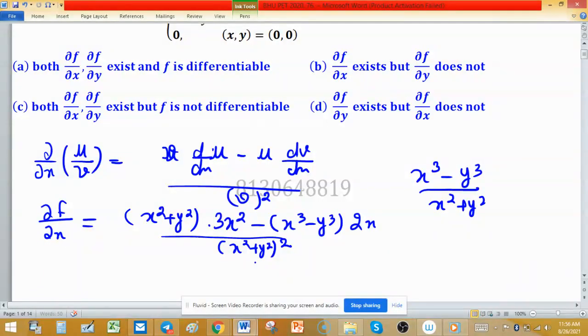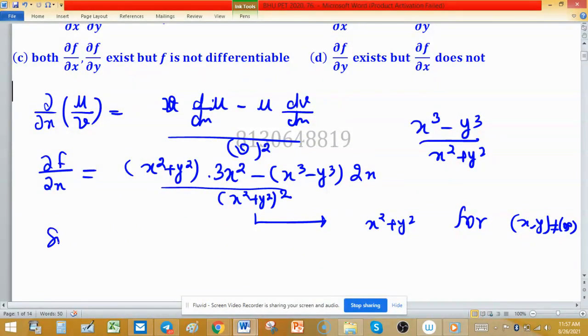As you can see, the denominator x square plus y square is defined whenever x, y is not equal to 0, 0. This means the partial derivative exists whenever x, y is not equal to 0, 0.